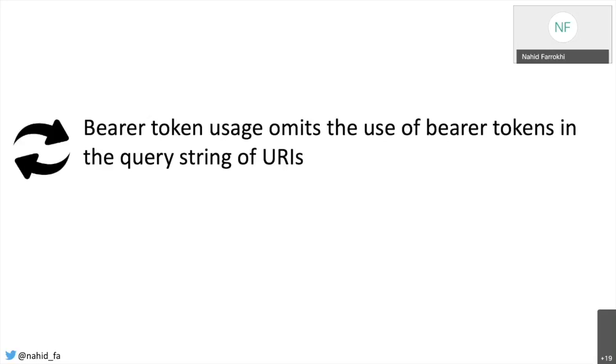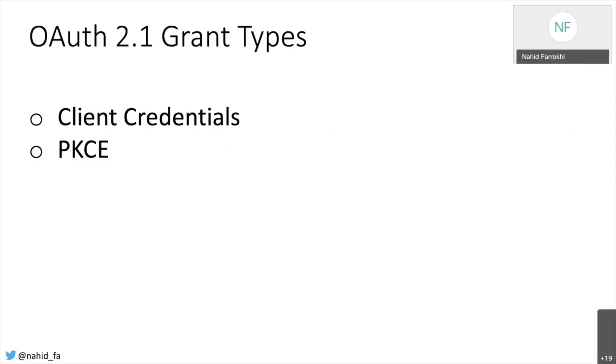In general, if you want to pass information privately over the internet, use TLS first, which is the key, and also put the sensitive information in the post body or HTTP header and not in the URL. So here come the grant types limited for OAuth 2.1, which are limited now to client credentials and PKCE.